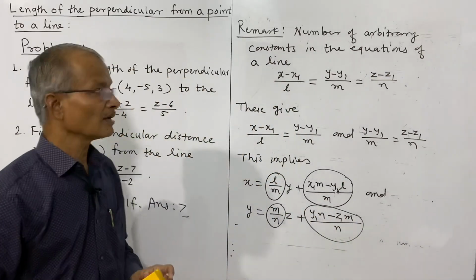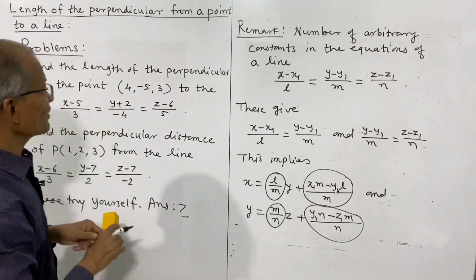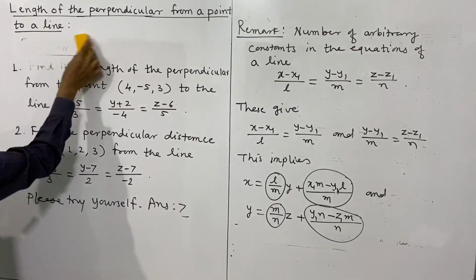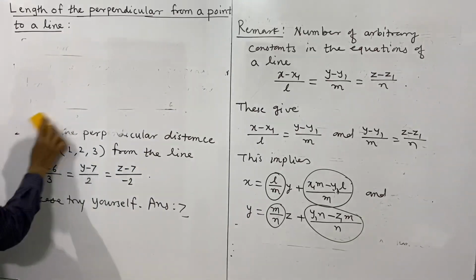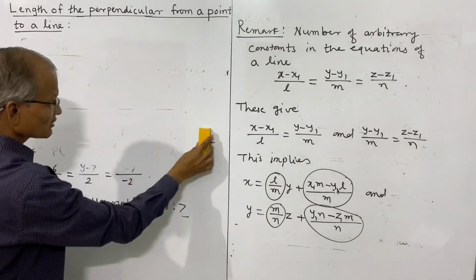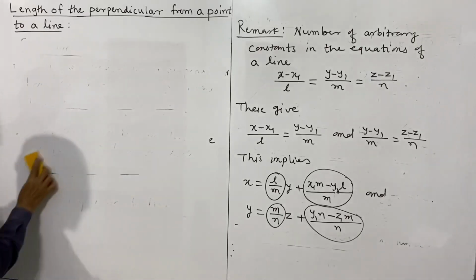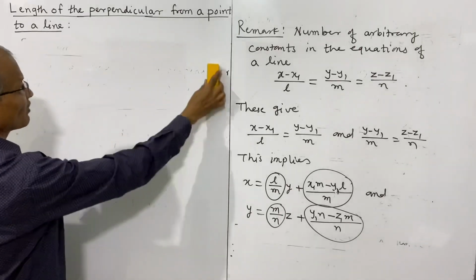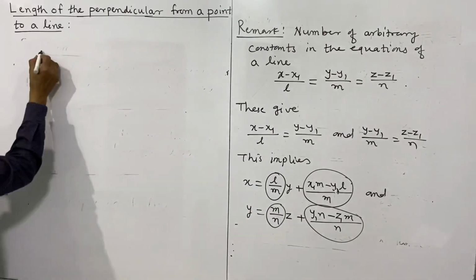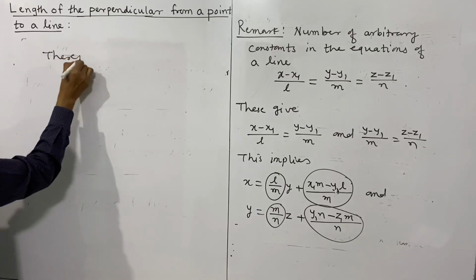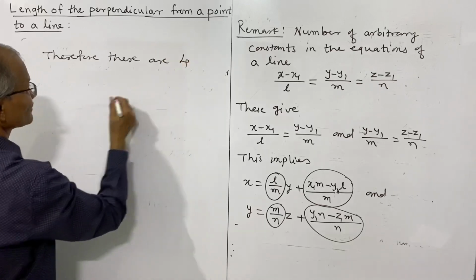So that means in the equations of a line there are four arbitrary constants, and in the equation of a plane we know, what is the general equation of a plane? ax plus by plus cz plus d is equal to 0. So a, b, c, d are the four arbitrary constants in the equation of a plane. Likewise, there are four arbitrary constants in the equations of a line.